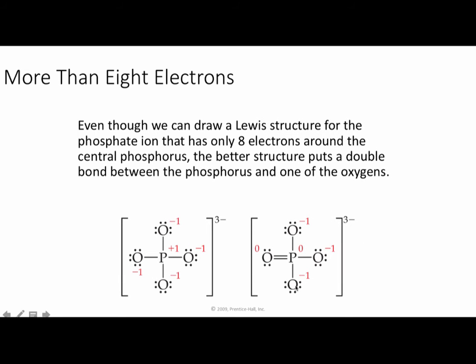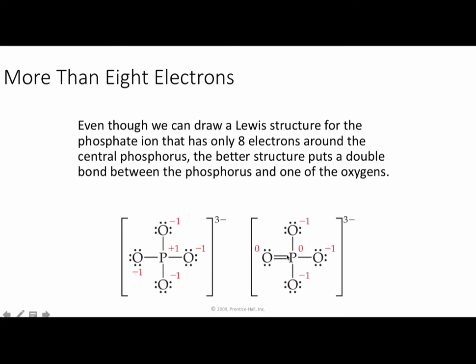Let's take a look at the phosphate ion. We can draw a Lewis structure for the phosphate ion that has 8 electrons around the central atom and features a negative charge on its more electronegative oxygens on the outside.